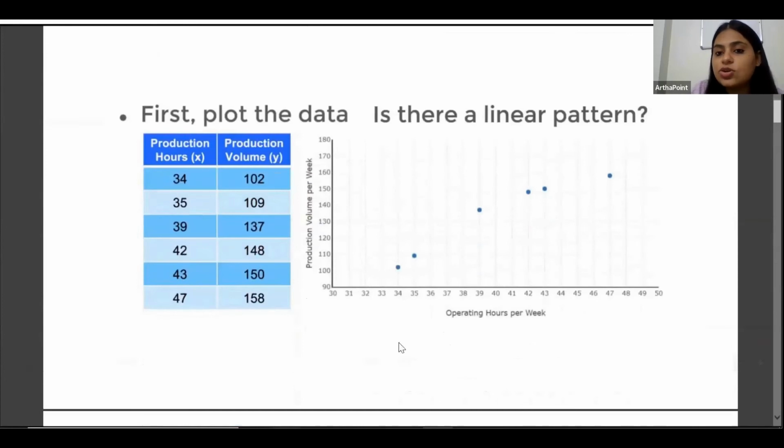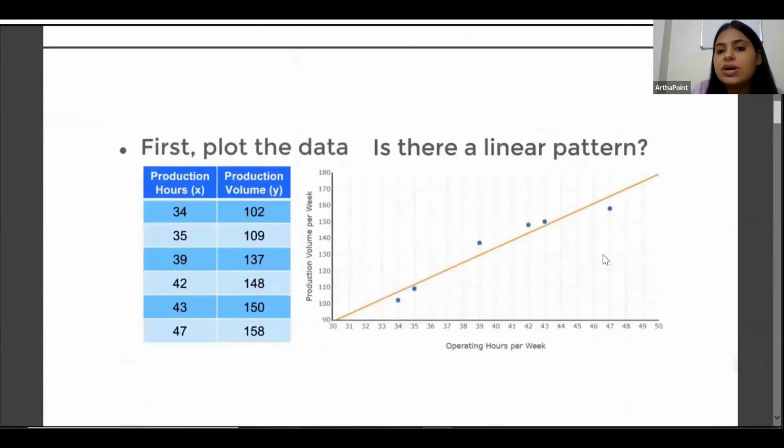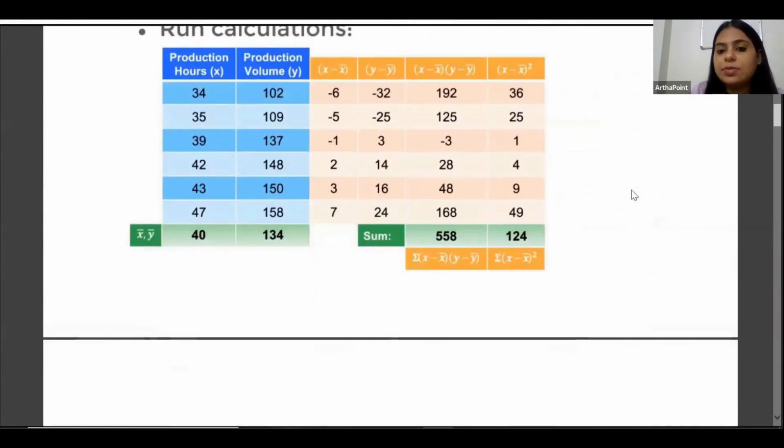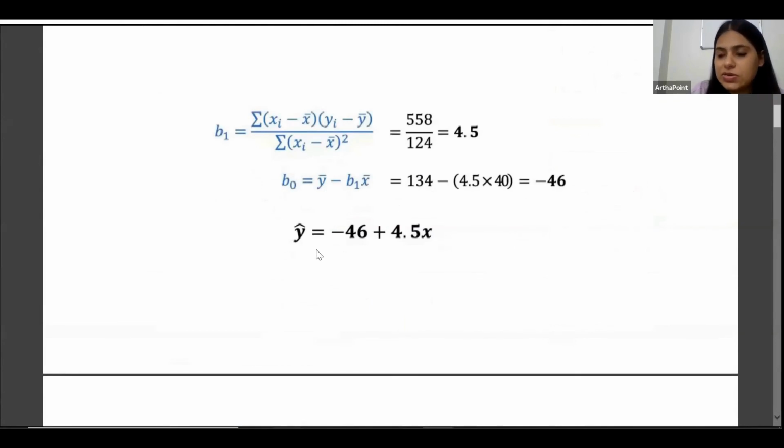So something like this. You will give X to the machine. This is the number of hours you work for, and this will be your volume of production. This is how you can go ahead and plot different points. And then you can ask your machine to fit a linear pattern through those points. After you fit a linear pattern, you may get something like this.